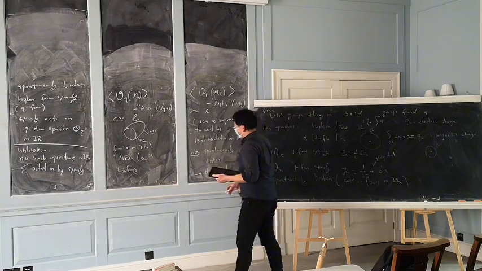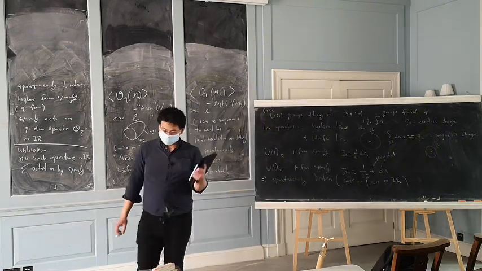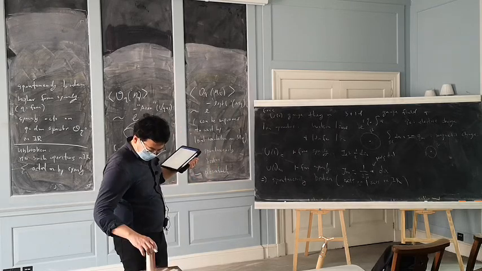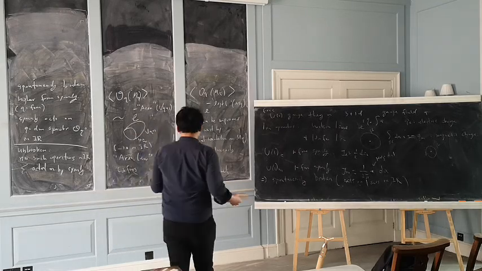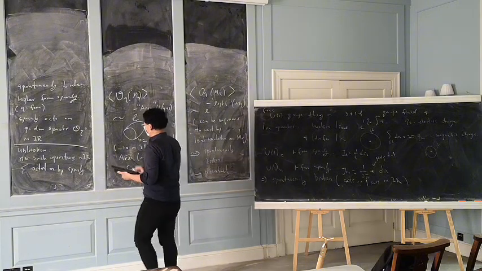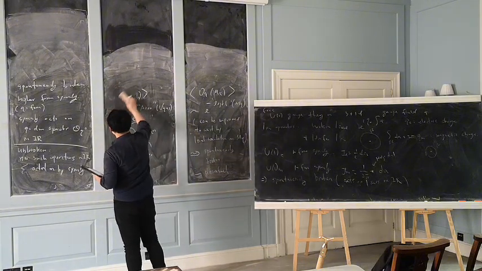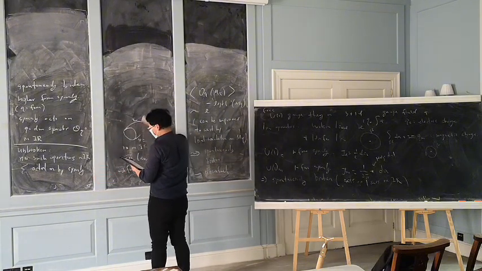Now let's break the U(1) gauge group down to a discrete subgroup, such as Z2. So maybe let me erase this.